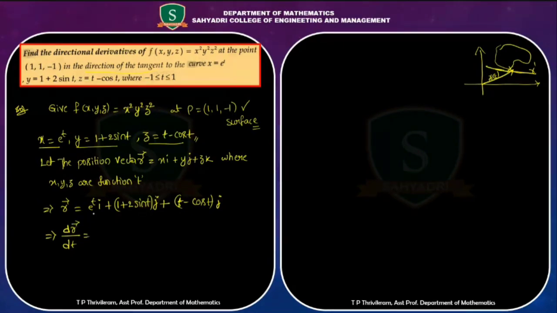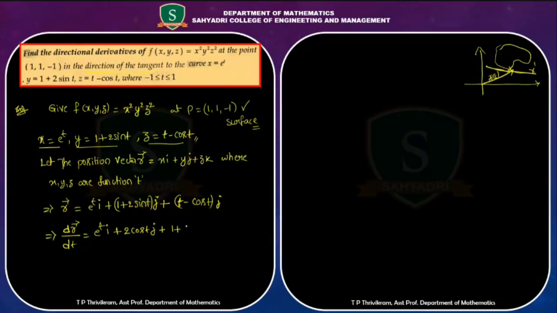The derivative is d by dt of e power t, so we'll get e power t i, correct. Next plus, 1 plus, sorry, you won't get 1. Differentiation of this is how much? 2 cos t. So we'll get 2 cos t j plus, the differentiation of minus cos t is 1 plus sin t.